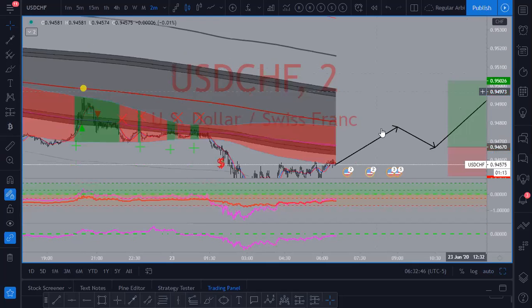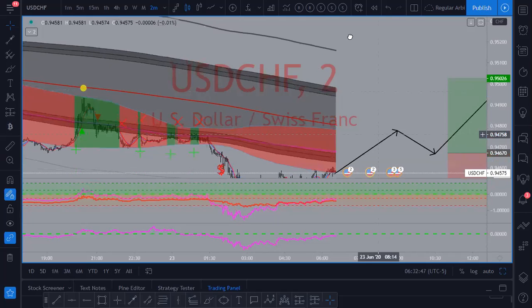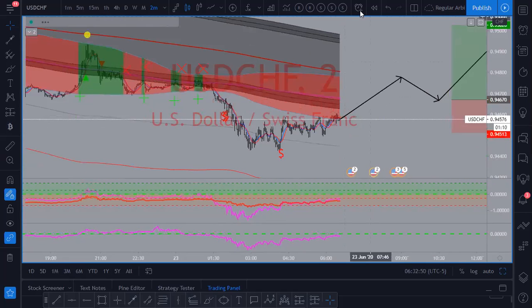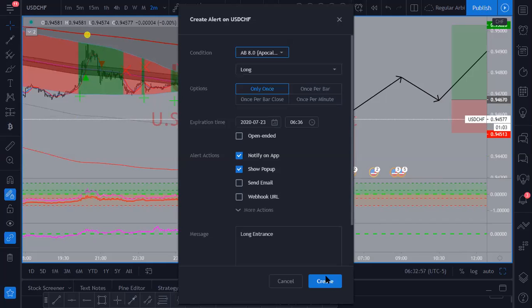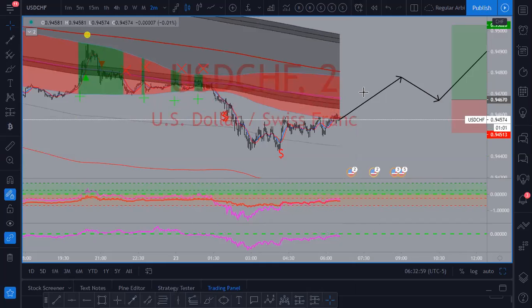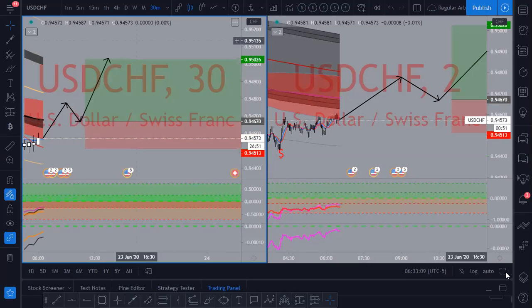Yeah, about the same thing. So I'll set the buy for here. Create for a long break, retest the RSI line, then jump up. That's what I'll be looking at for USDCHF, but not going to stress about it.